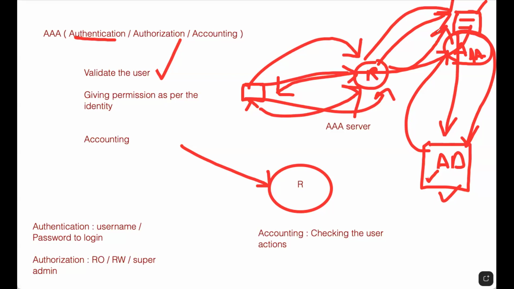Okay, so there are two protocols again under AAA. One is TACACS and the other one is Radius. Let's talk about TACACS and Radius.